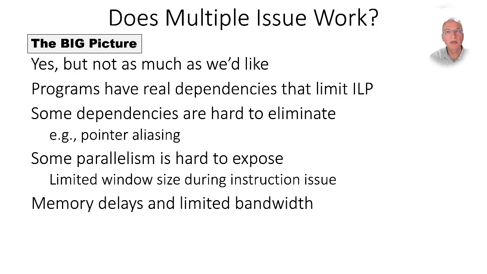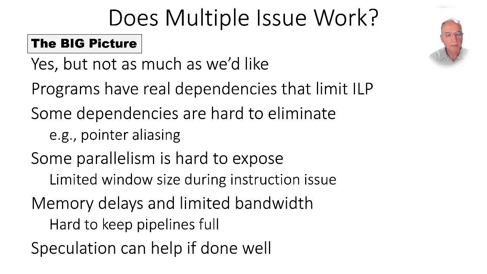So you may be limited by the amount of data that you can bring from or put to the memory on average per cycle. So it can be hard to keep many pipelines full because you simply don't have enough data throughput to bring to these pipelines. And speculation can help if it's done well.